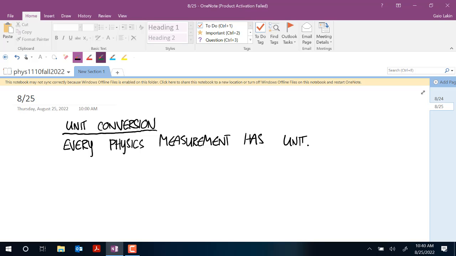Whatever measurement you take has a unit associated. Every unit in this class is made up of 3 basic unit types.